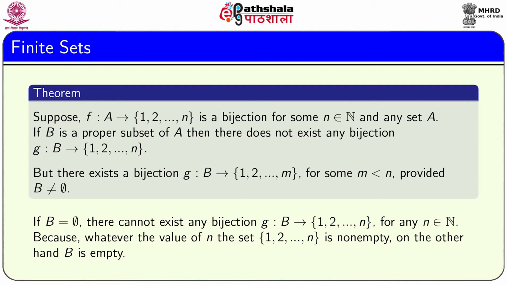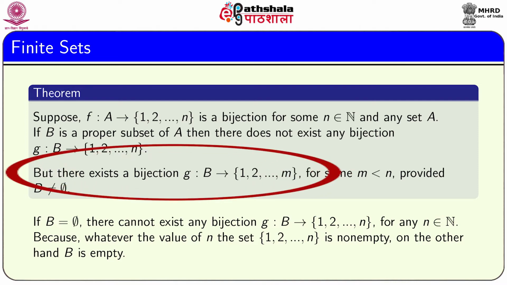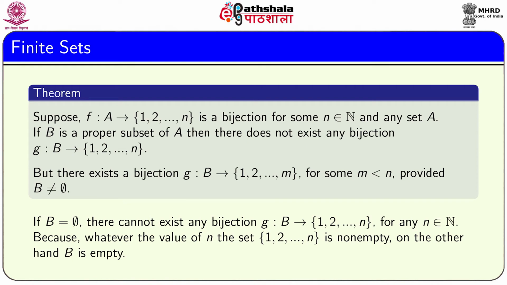If B is a proper subset of A, then there does not exist any bijection G from B to the set 1 to n, but there exists a bijection G from B to the set 1 to m, where m is some integer less than n, provided we choose B as non-empty.